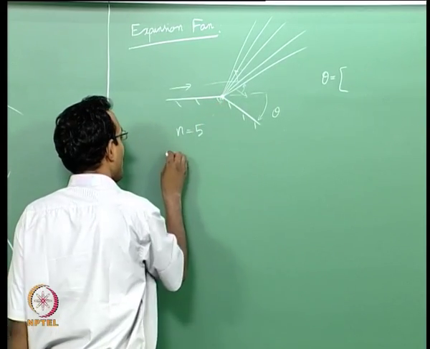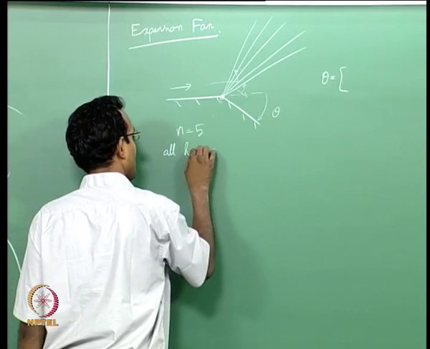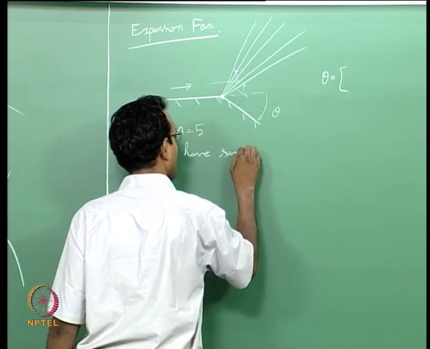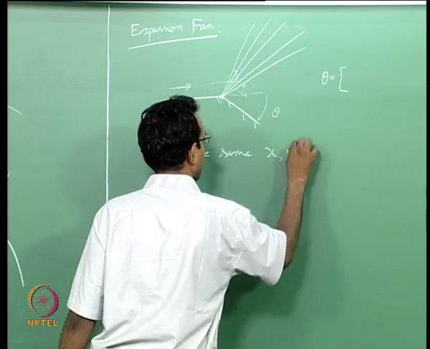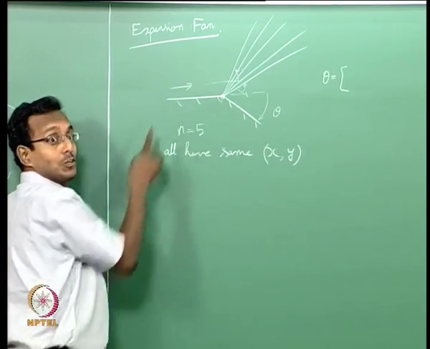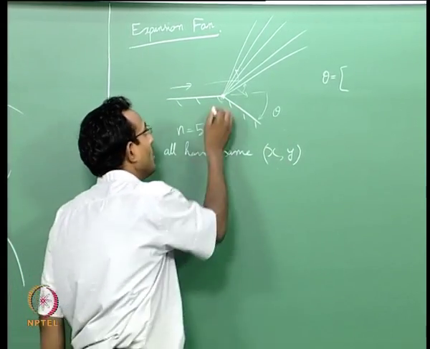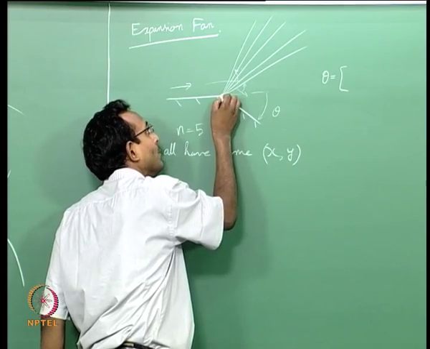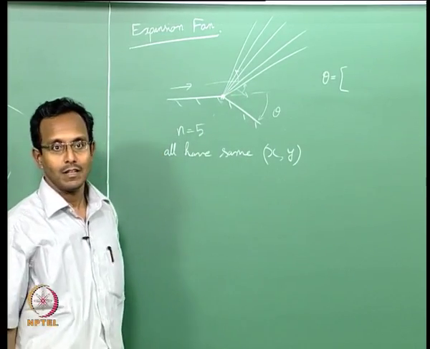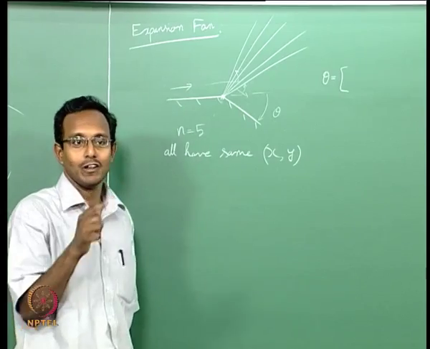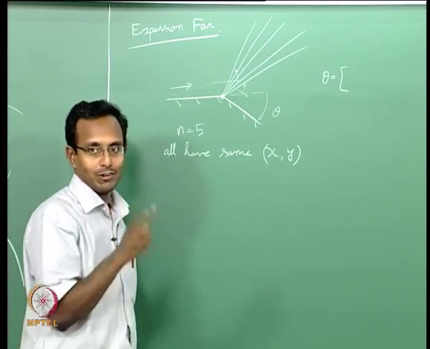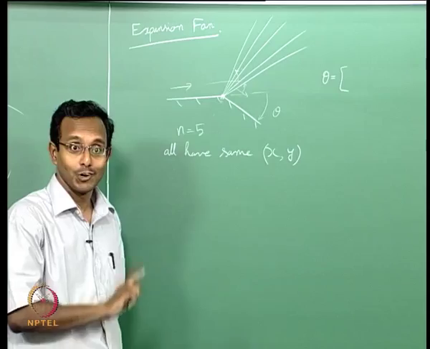All points have the same x comma y, which is given by your wall geometry. I am going to put 5 points exactly one on top of each other, and I am going to process them in a serial order, n equal to 1, n equal to 2, n equal to 3, n equal to 4, n equal to 5, in that order only.